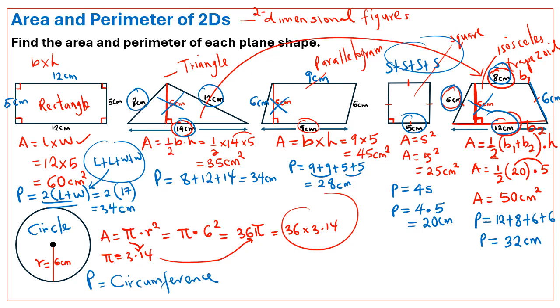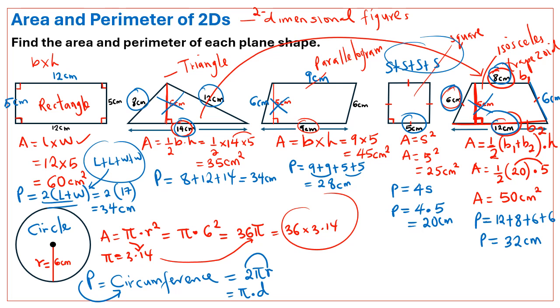So perimeter for circles, we call circumference, and the formula is 2 pi r. Okay, since we're given the radius, we'll use 2 pi r. Otherwise you'll use pi times the diameter. So 2 pi r means 2 times pi times r, and we know that 2r means diameter.